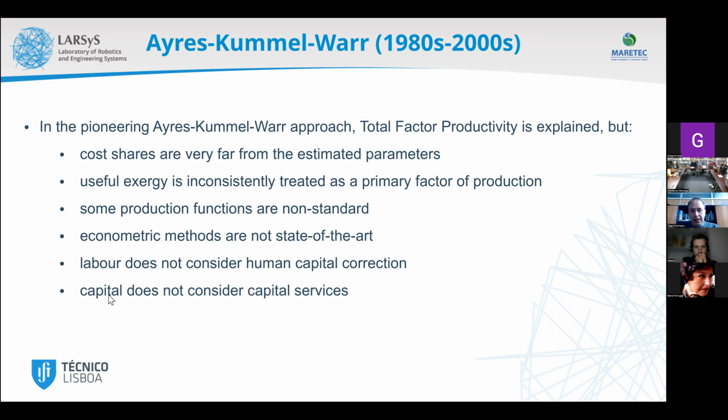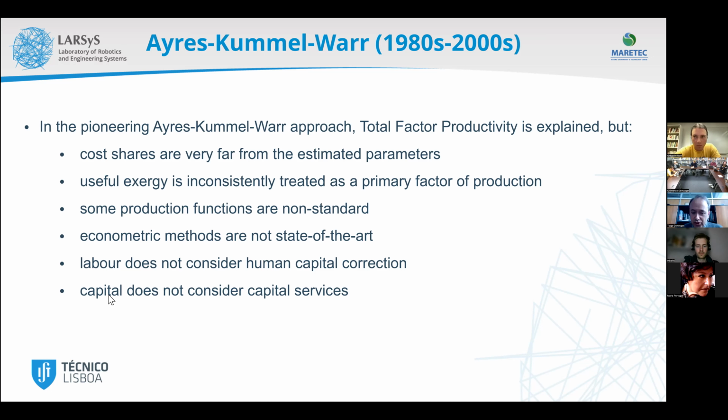Now, in their clearly pioneering approach, the introduction of energy was capable of explaining total factor productivity. So that was a major achievement of this group of people. But we have clearly to see it as a first step and not as the definitive story, because there are several limitations in their approach.